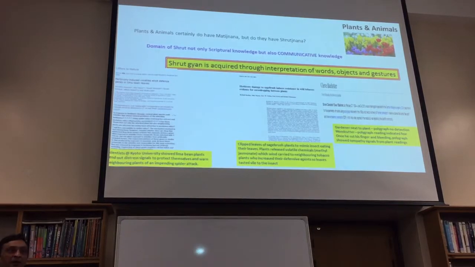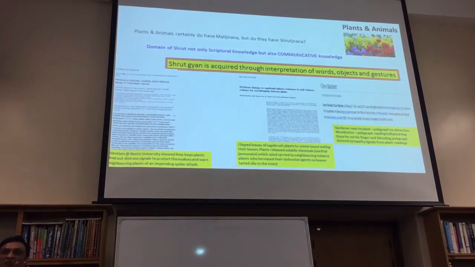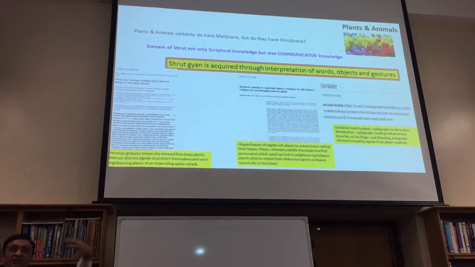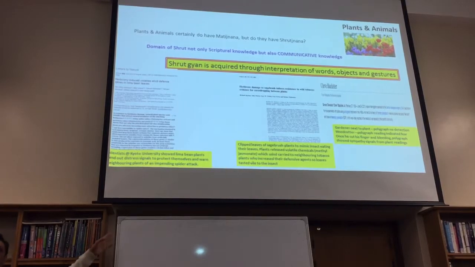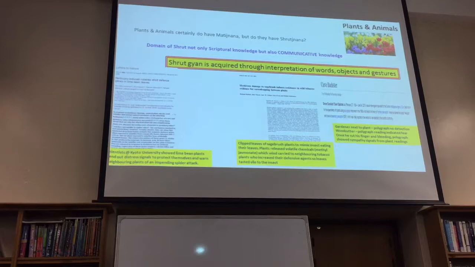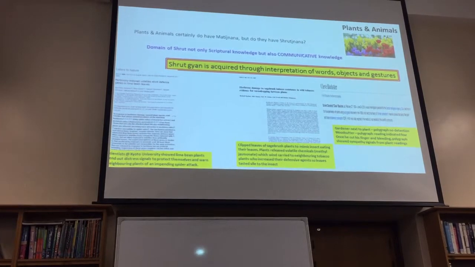They create some kind of secretion so the leaves don't taste very nice. So that's communicative knowledge: plants sense something and pass it on.